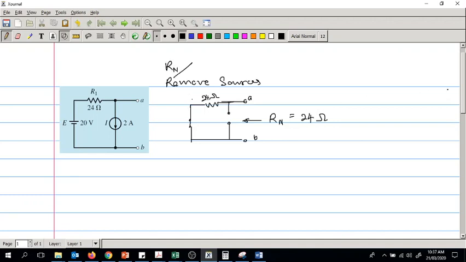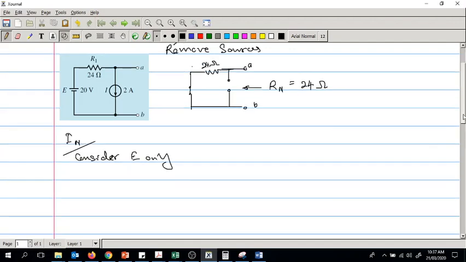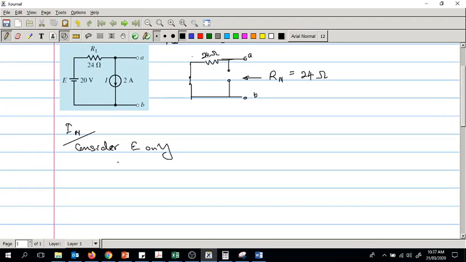To find out Rn, then we will try to find out In. To find out In, consider E only, like what we did last time, but we have a difference in here. Instead of the open circuit voltage, we will have to take the short circuit current.